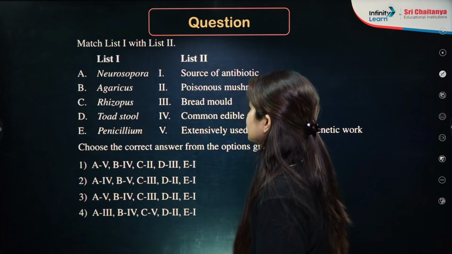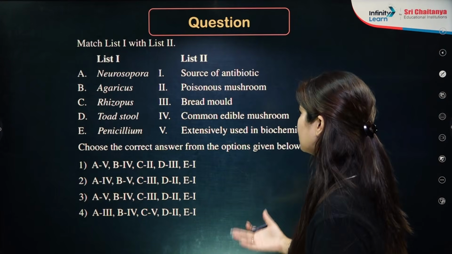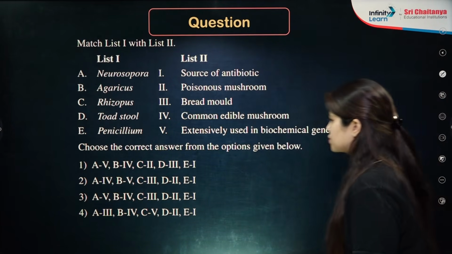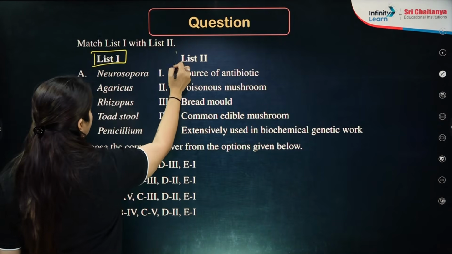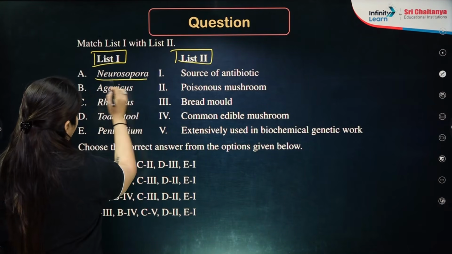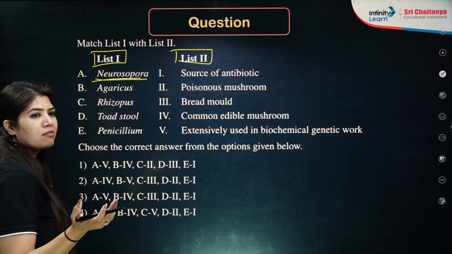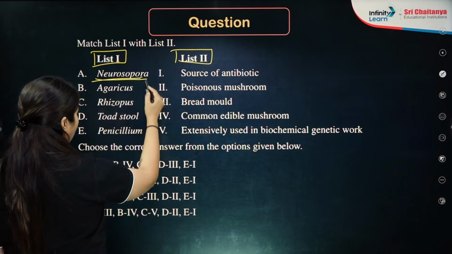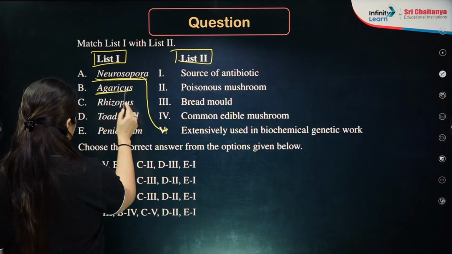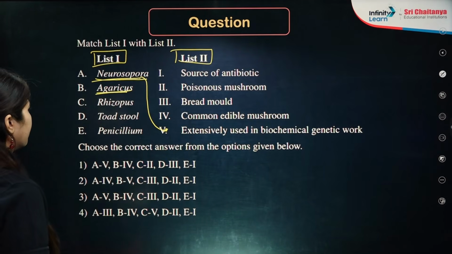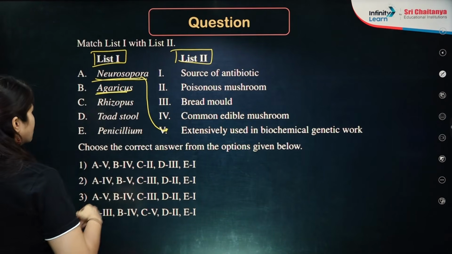Next question, we have a match the column type of question. We do have 2 columns, list 1 then list 2. Number 1 is Neurospora crassa. This is something which is extensively used in biochemical genetic work. Agaricus is basically your common edible mushroom.